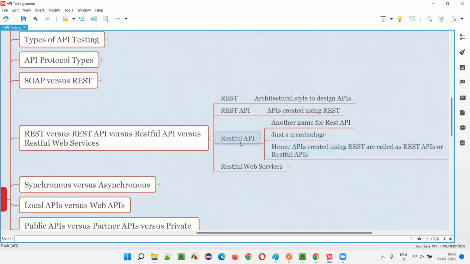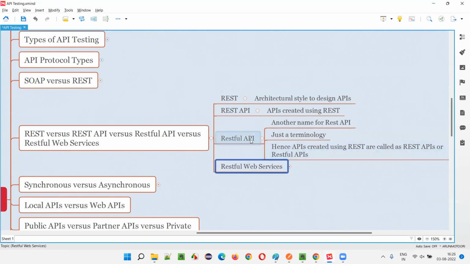I told you already in the first part that all APIs are not web services, but all web services are APIs. So coming to REST, whatever APIs you create as a developer using the REST architectural style have to use HTTP or HTTPS protocol for communication, which is nothing but the internet. That means they communicate over the internet, so a REST API means a REST web service only. That's the reason you can call a RESTful API a RESTful web service also.